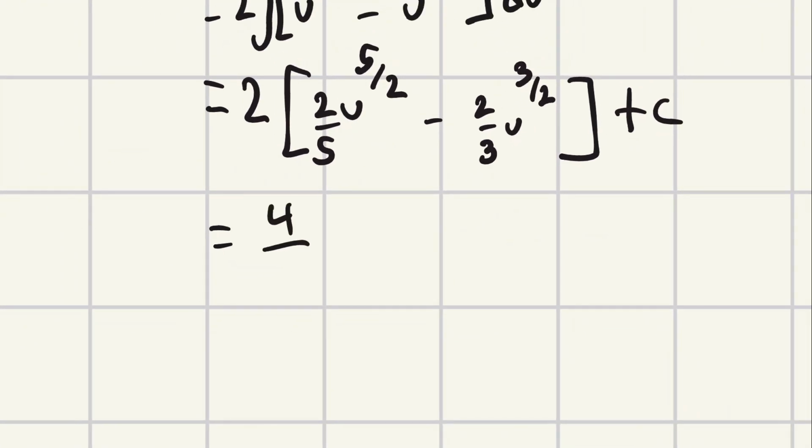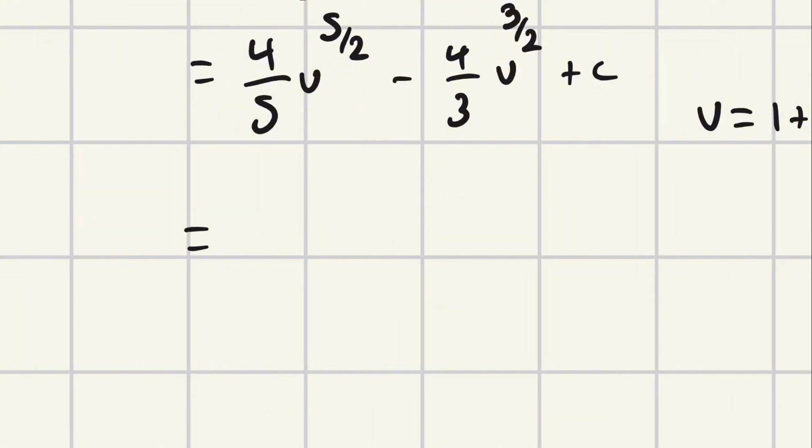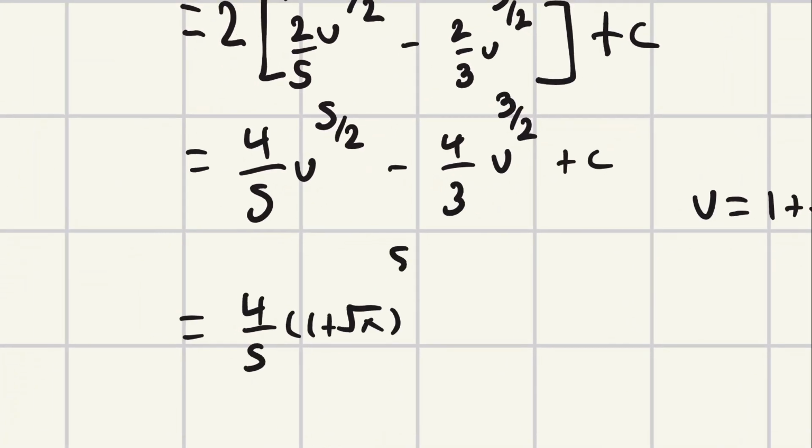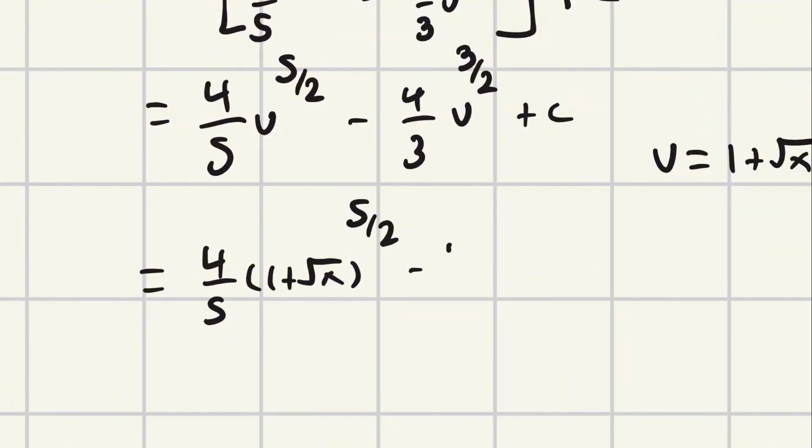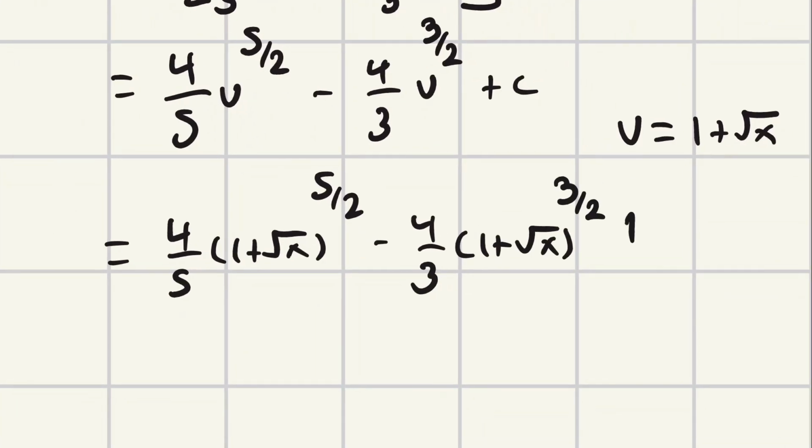We're going to get 4 fifths u to the power 5 halves minus 4 thirds u to the power 3 halves plus c. Now finally we can replace back in, so we can write 4 fifths (1 plus square root of x) to the power of 5 halves minus 4 thirds (1 plus square root of x) to the power 3 halves plus c, and that will be our final answer.